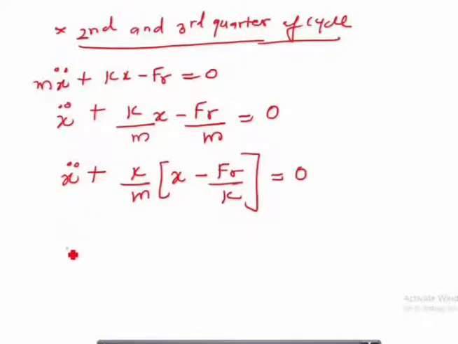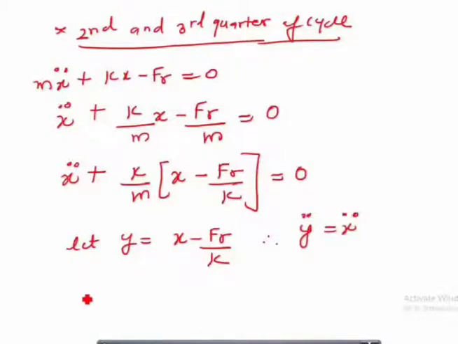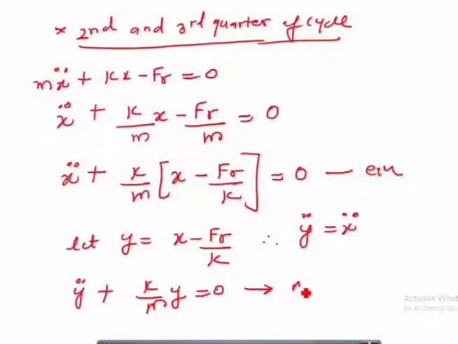Now let us consider that y is equal to x minus Fr by k. Since y is equal to x minus a constant, y double dot is equal to x double dot. So this equation will become y double dot plus k upon m into y is equal to 0, and let me call this equation B. This equation B represents the same as equation A, a simple harmonic motion about y is equal to 0.